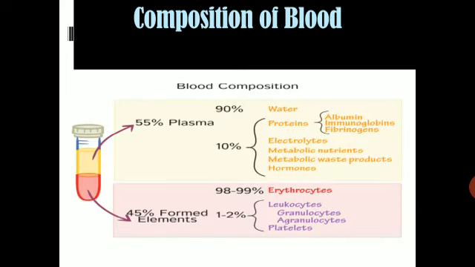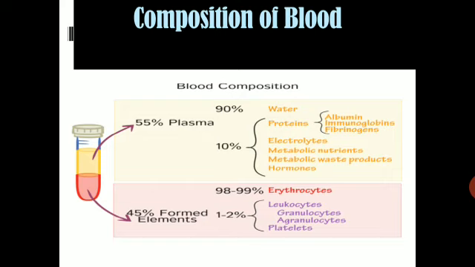As I have already shown you the composition of blood in a diagrammatic representation, let's see what materials are present in blood. If we take blood and separate its composition, 55% of blood by volume is plasma, and the rest, 45%, is formed elements.